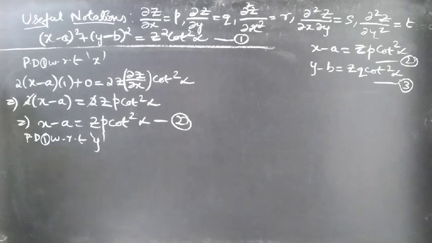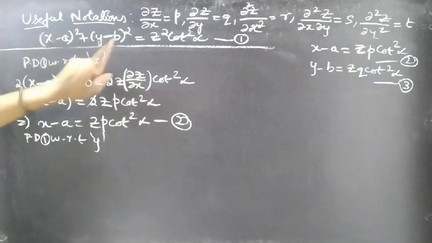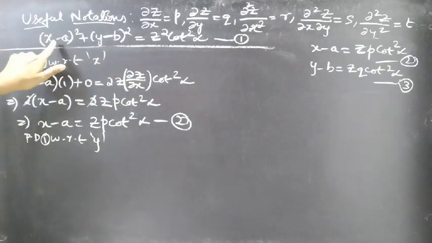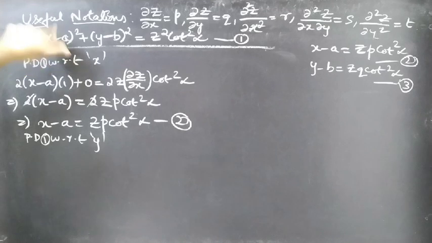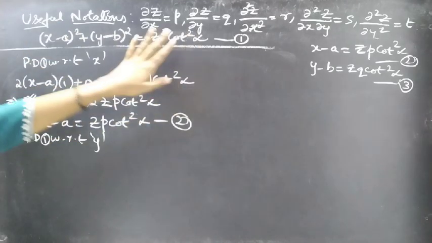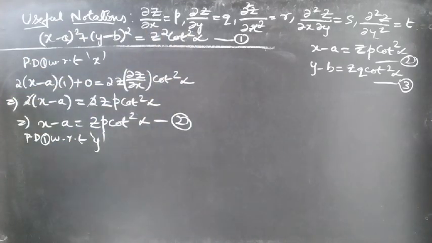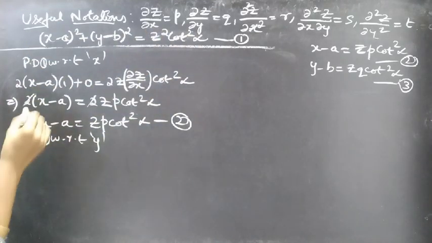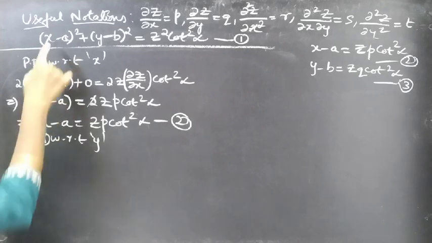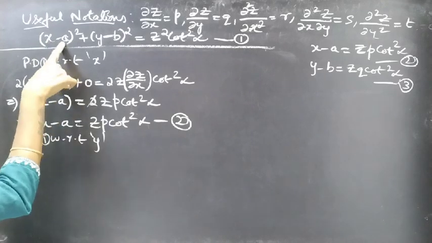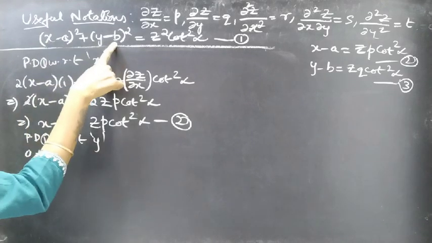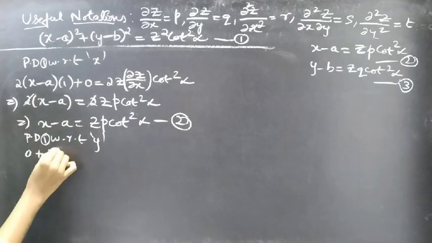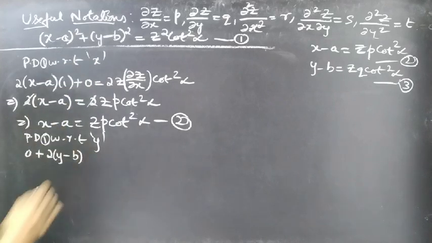So here we need to partially differentiate 1 with respect to y. So x is treated as constant. Here x minus a is treated as constant and cot square alpha is treated as constant, okay? Now you'll get partial derivative of a constant with respect to y is 0, plus partial derivative of (y minus b) whole square, which will be 2 times (y minus b) into inner derivative.